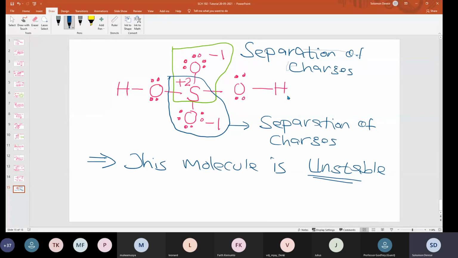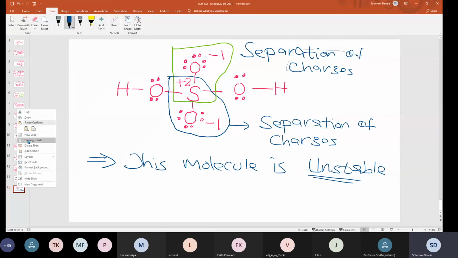It might be possible with a lot of struggle. But as you know, sulfuric acid is a very strong corrosive acid. That means it is easy to pick these hydrogens. Sulfuric acid gives these hydrogens very easily. So this property is not consistent with the structure.